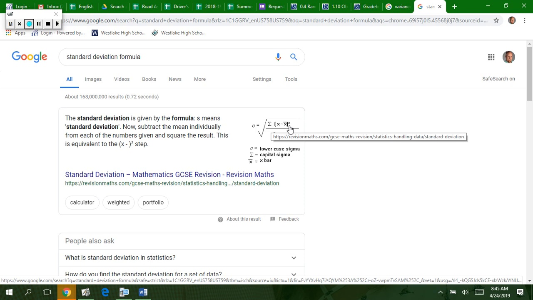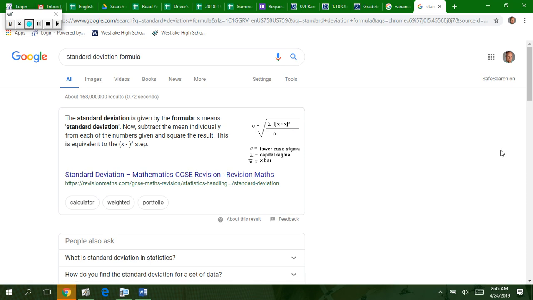So you take x minus your average, square it, divide by the number of terms, and take the square root. You'll never have to do that by hand. I'm never going to ask you to do that by hand. I have a machine that's going to plop it out for me. N is the number of terms.